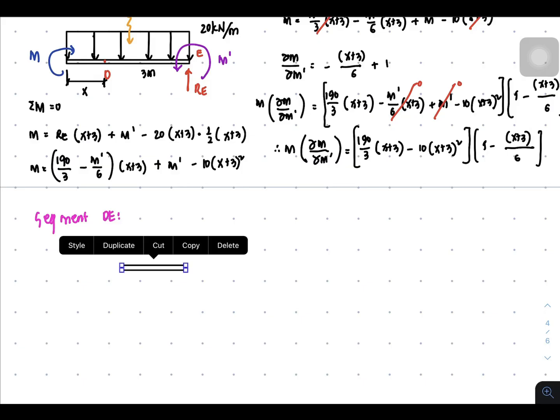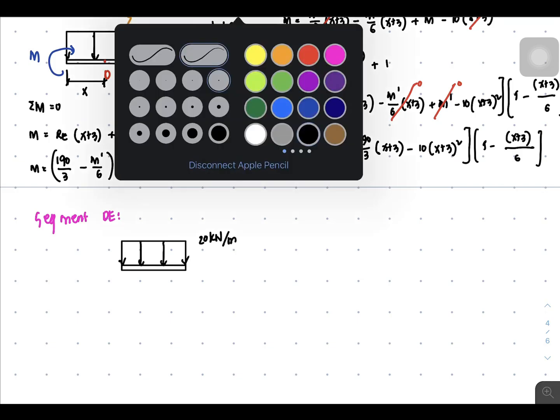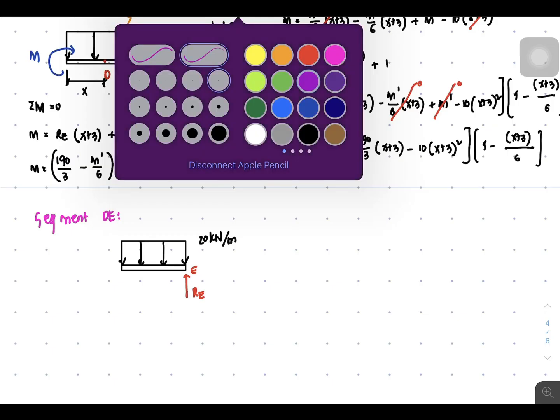So that is the portion of cutting, and apply the load. And of course, do not forget, this is 20 kilonewtons per meter, where this is RE, since you have point E here.